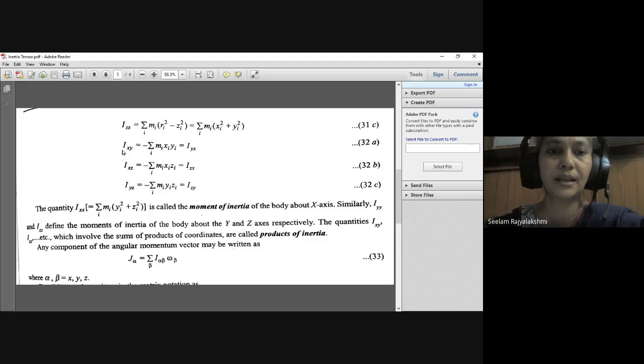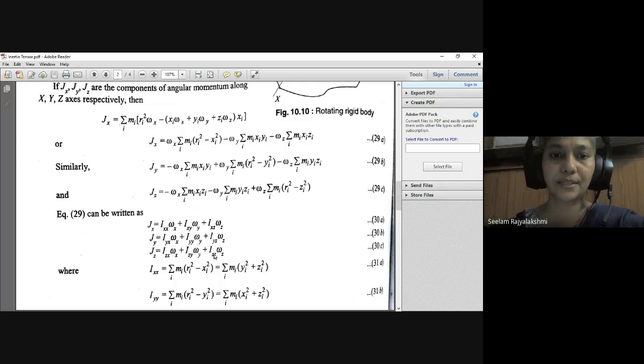So here Ixy is nothing but minus sigma i mi xi yi, which is equal to Iyx. Ixz, from equation number 29, is minus sigma i mi xi zi, which is equal to Izx. Iyz is equal to minus sigma i mi yi zi, which is equal to Izy. So we are replacing here, and we have obtained the Jx, Jy, Jz terms.